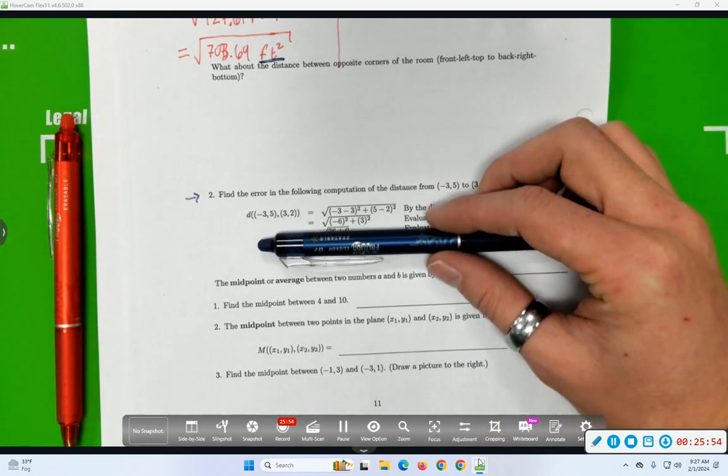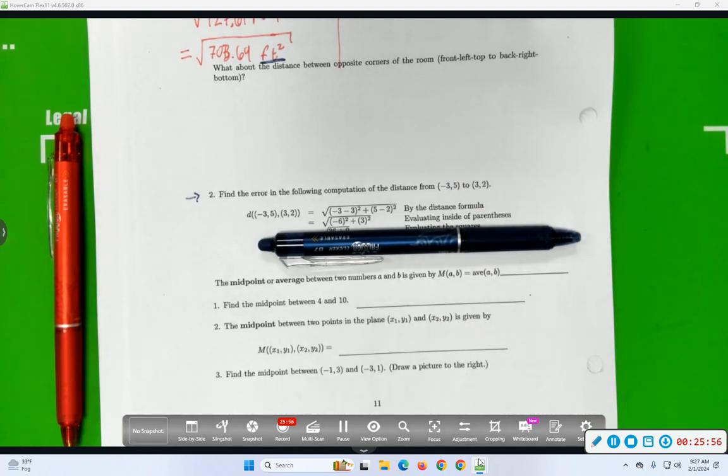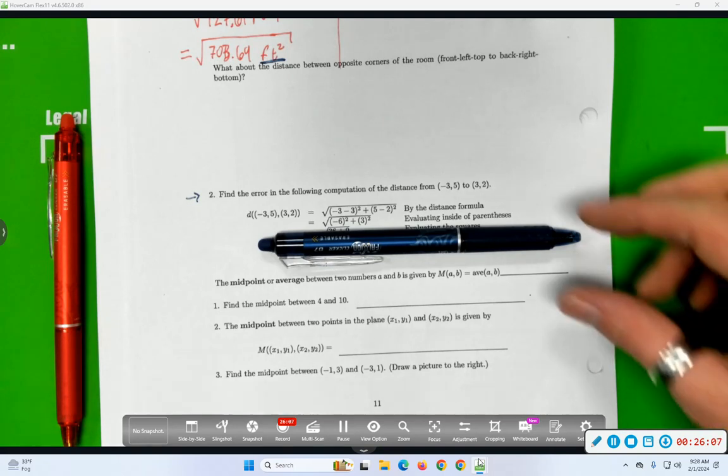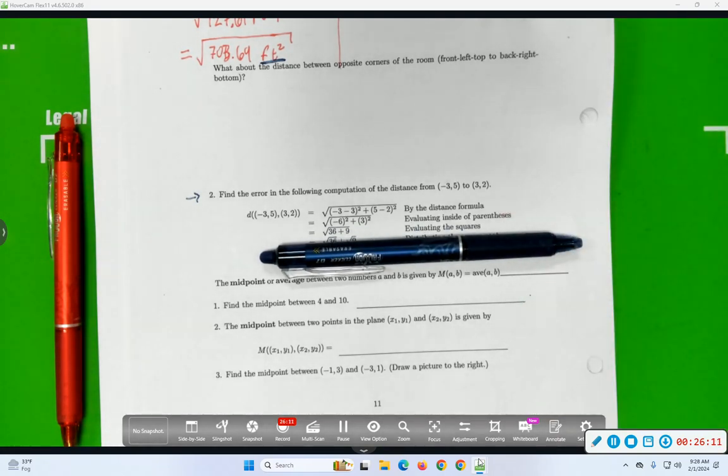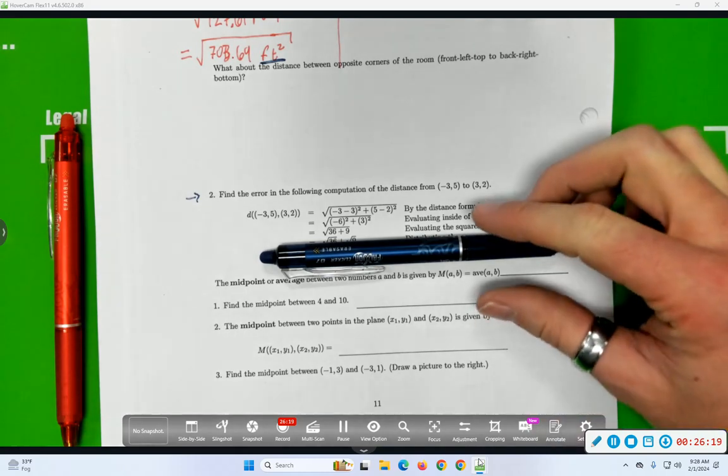In the next step, apparently I have evaluated the things inside the parentheses. That happened correctly? All right, no errors so far. In the next step, allegedly I evaluate some squares. Do you agree? Happened correctly? All right, nice. We're trucking along.